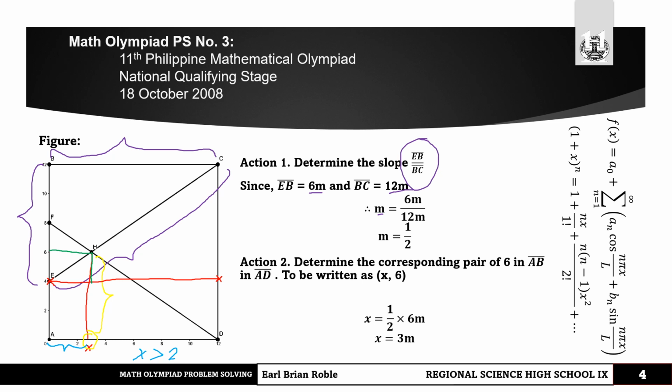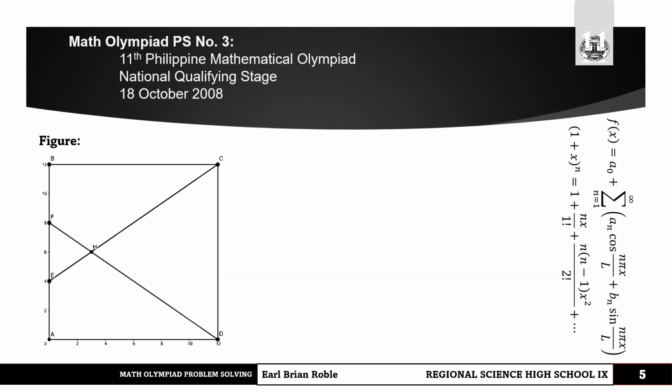Now, the next step that we are going to take is to find the height of HCD. We can do that by simply subtracting x from 12. Recall that we have an x somewhere here, and the height is equal to this portion.